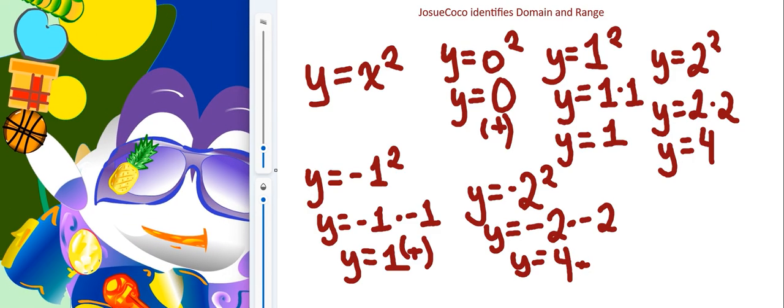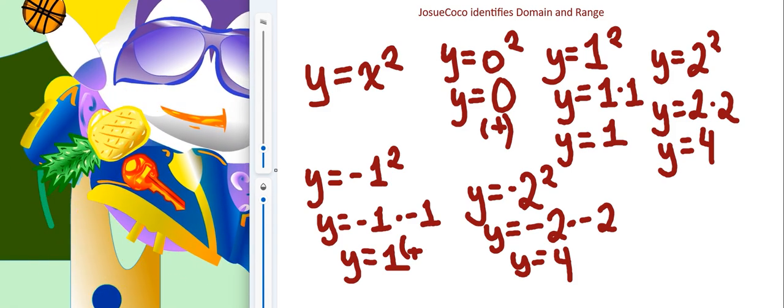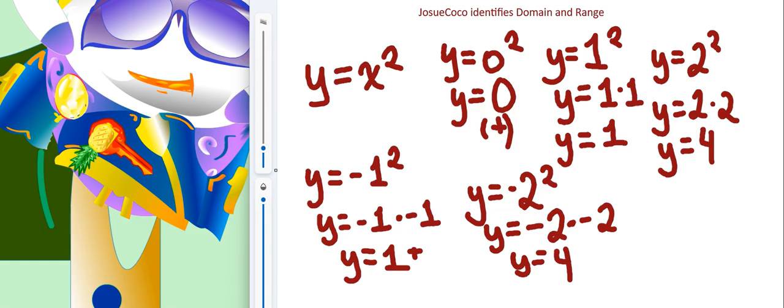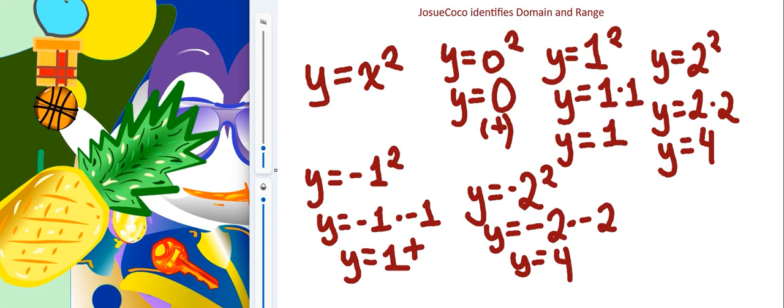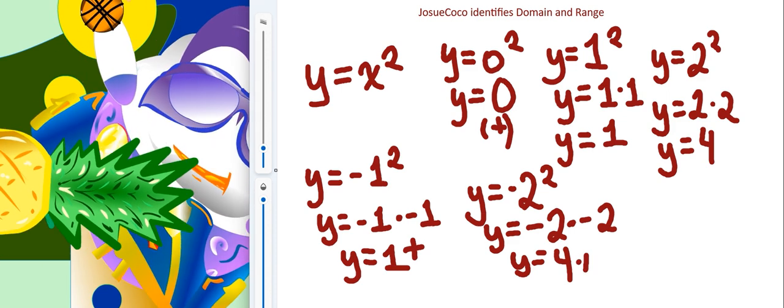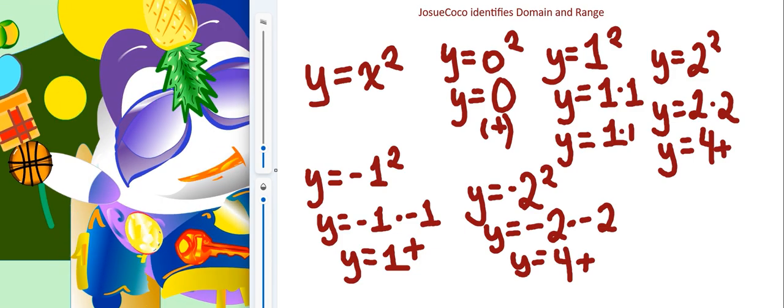Positive 4, positive 1, positive 0, then another positive 1 over there, and another positive 4. Positive, positive, positive, and positive.